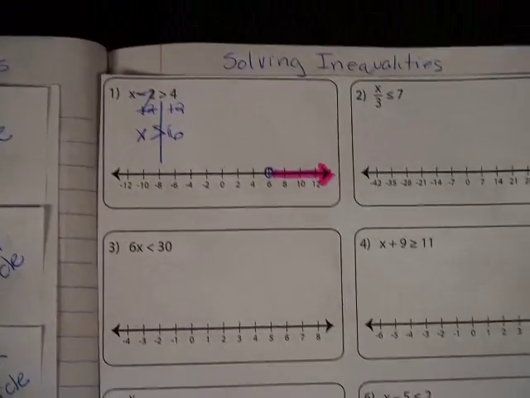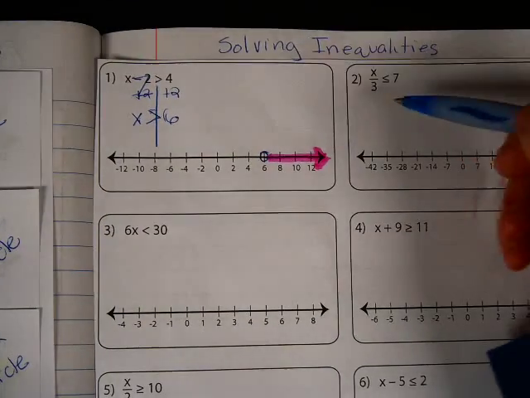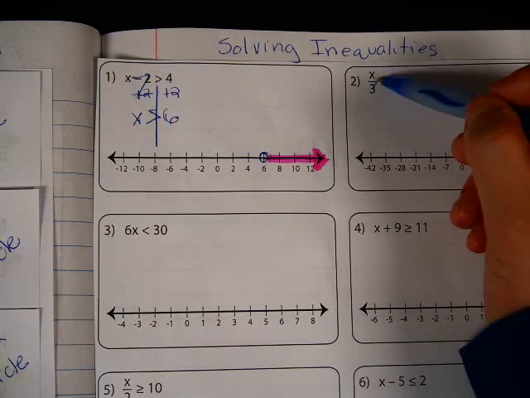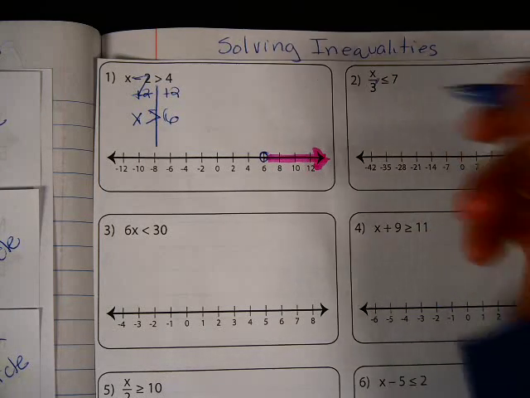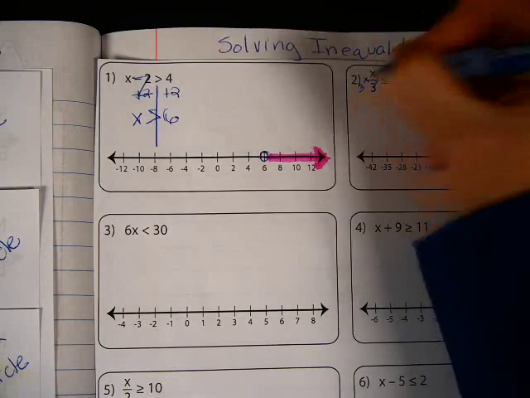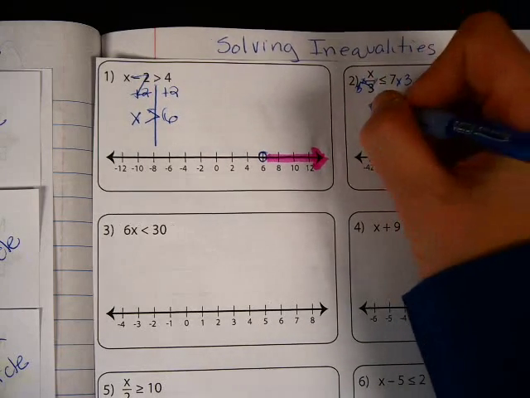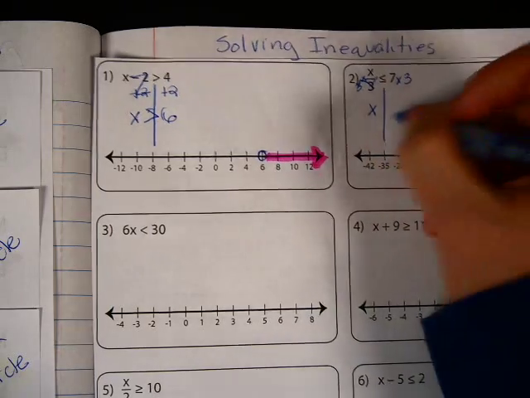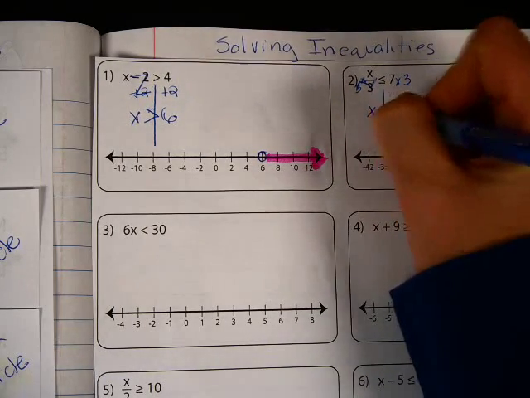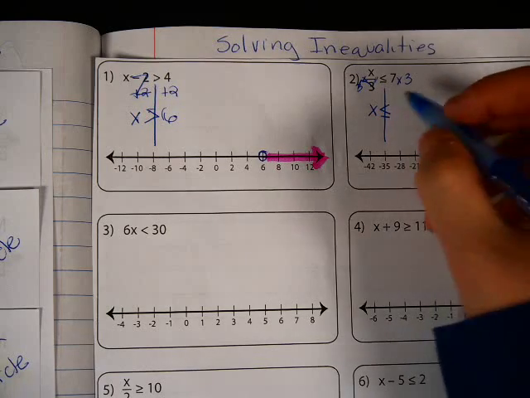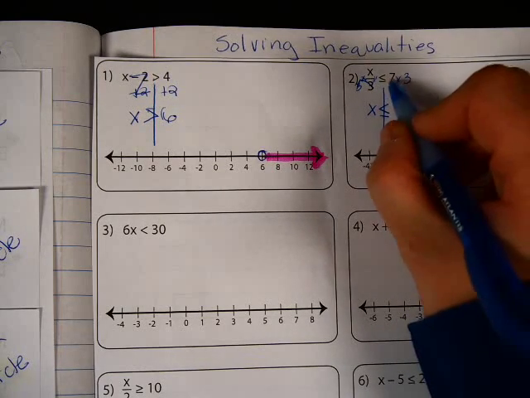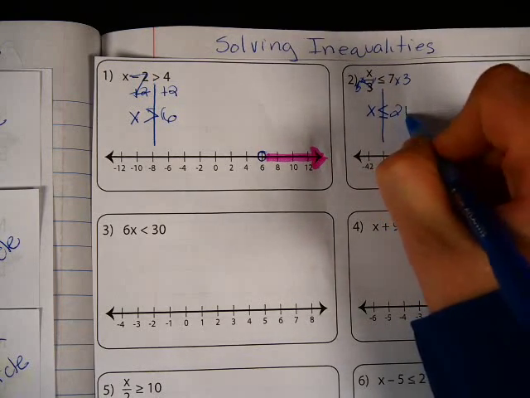Okay, now this one's a tricky one. It is dividing. So how do we get rid of division? We have to multiply by 3 on both sides. So these cancel out and you're left with just x. And it is less than or equal to, so it's going to be a closed circle. What is 7 times 3? 21.